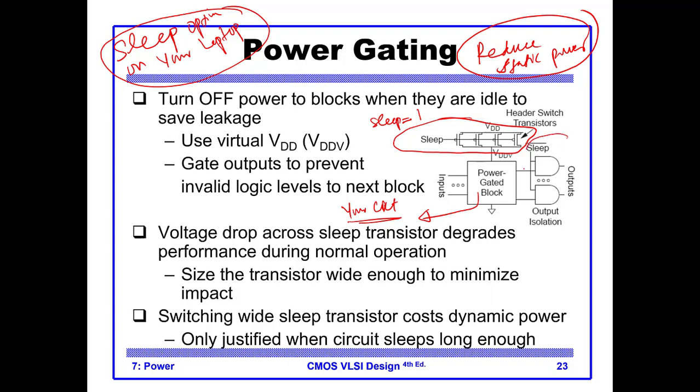Also note that at the output there is an AND gate with the sleep signal. If sleep is 0, the output is not isolated. When sleep is 1, the output is isolated. So this kind of arrangement can be used to completely isolate the circuit from the power supply. In this way we can reduce the static power consumption.